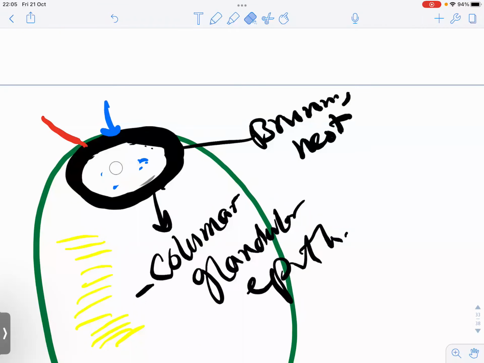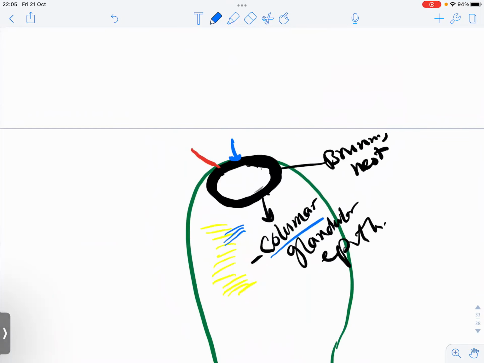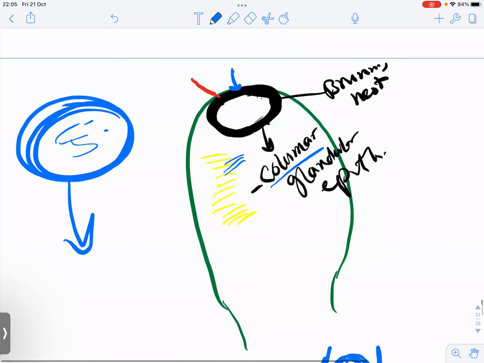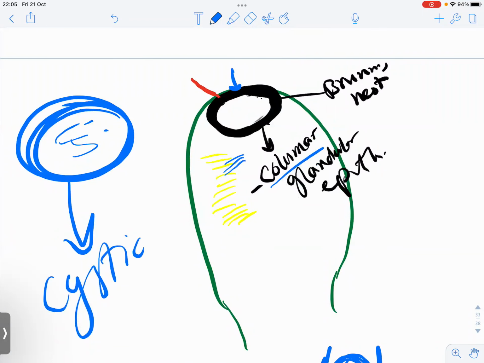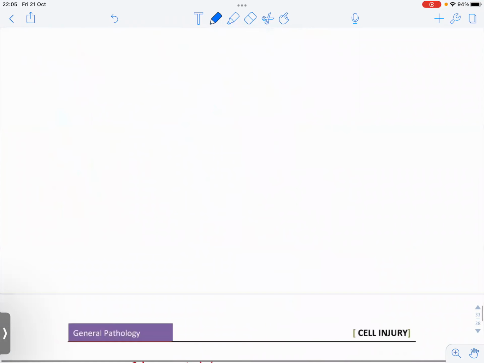And here it's like a cyst. What does cyst mean? Cyst means you have epithelium and inside it's empty. That's why we call it cystica of the bladder. We call it cystitis cystica.